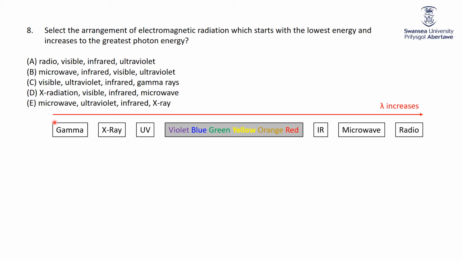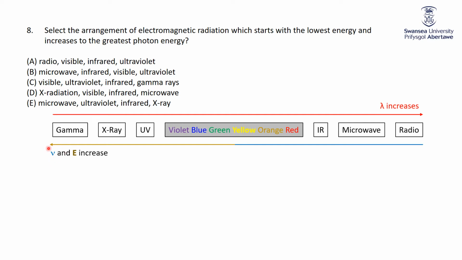As I read this from left to right, the wavelength is increasing: gamma rays, smallest wavelength; radio waves, largest wavelength. Similarly, if I read it back from right to left, my energy and my frequency are increasing. So radio has the lowest energy and frequency, gamma the highest.